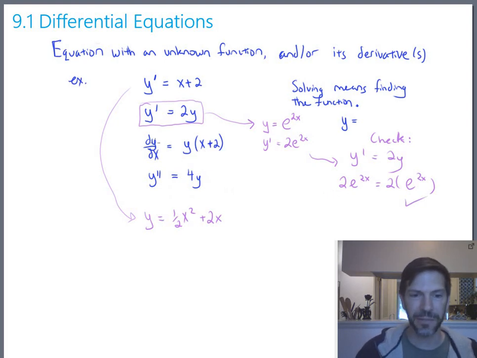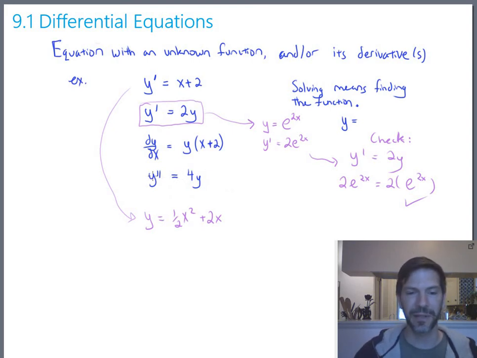This third one, where the derivative of the function is equal to the function times x plus 2, I actually can't think of the answer off the top of my head, unlike the other two. I just made it up, and it probably has a solution. There probably is some function that works that way, but I don't know what it is. Let me skip ahead to the last one, though.